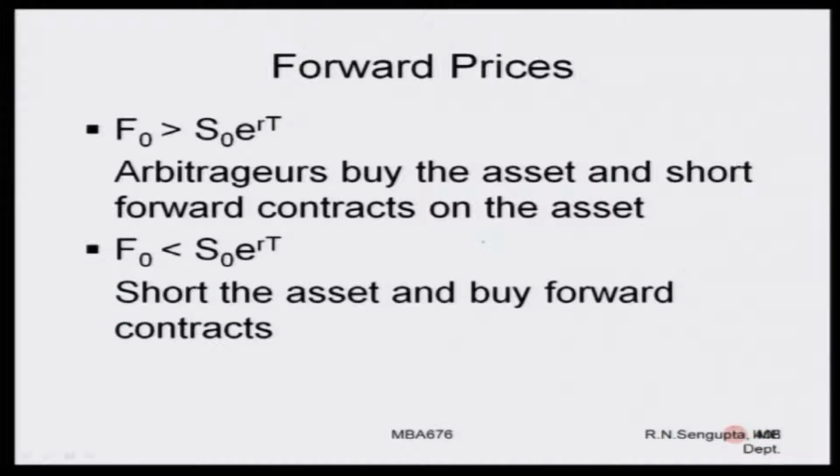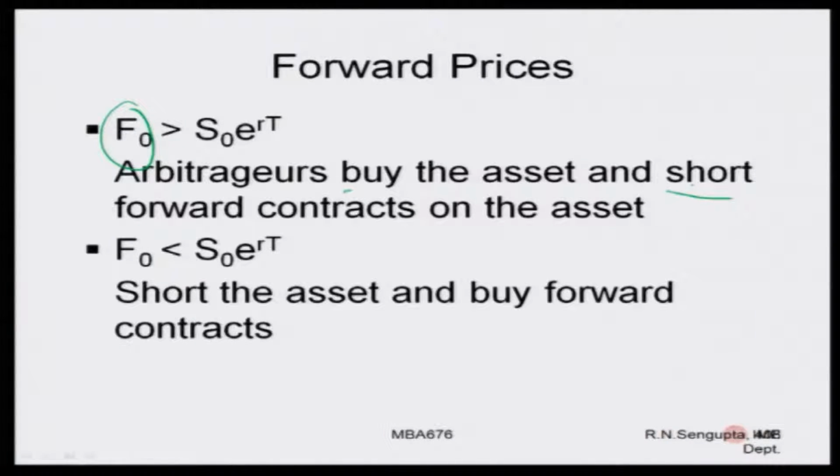Now, if F0 is greater than S0 e to the power RT, there is arbitrage: buy the asset and short the forward contract on the asset in order to make a profit. You will understand why I said this: if this price was higher, then obviously you would buy the asset and short the forward contract, such that on both fronts you make a profit from the price difference between the asset and the short forward.